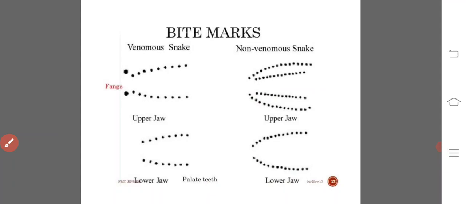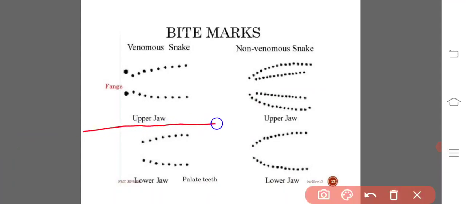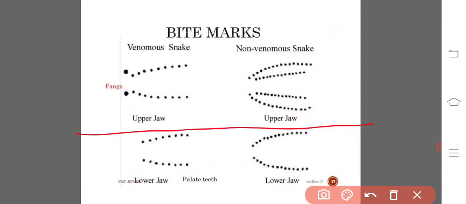Here you can visualize the pricks of the upper jaw of the venomous snake and the upper jaw of the non-venomous snake. See here, all the small pricks are visible, but here along with the small pricks, we also see two somewhat large pricks, which are made by the modified maxillary teeth, otherwise the fangs of the upper jaw of the venomous snakes.